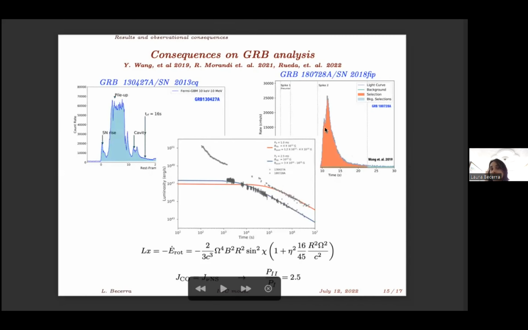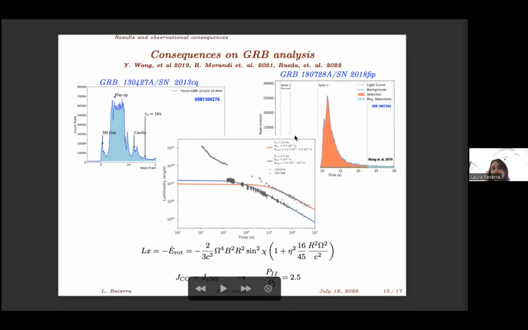But for both cases, the afterglow of this GRB can be fitted with the rotational power of the new neutron star, and some inference can be made about the magnetic field of the neutron star and the initial rotation period.